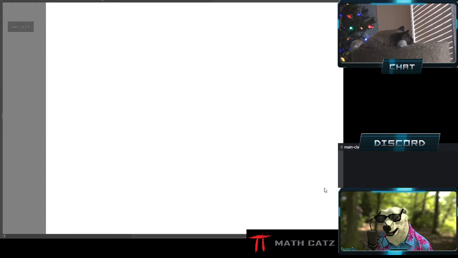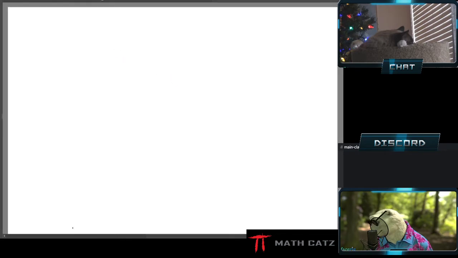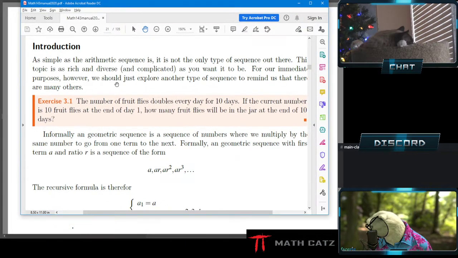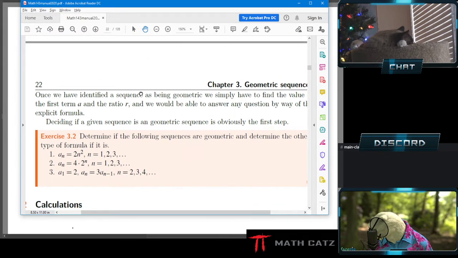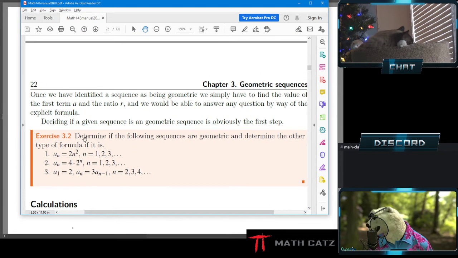So we have a simple example just to get us warmed up with this new kind of sequence. By way of example, or exercise rather, 3.2, where we're given a formula for a sequence. I have to decide, is it a geometric sequence? And if it is, what is the other kind of formula?